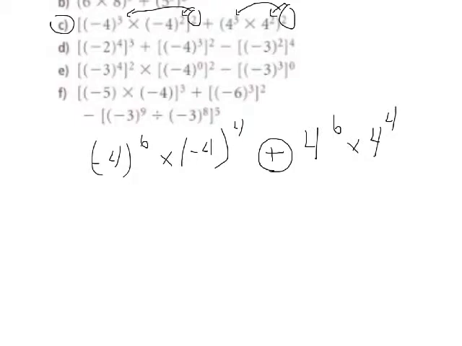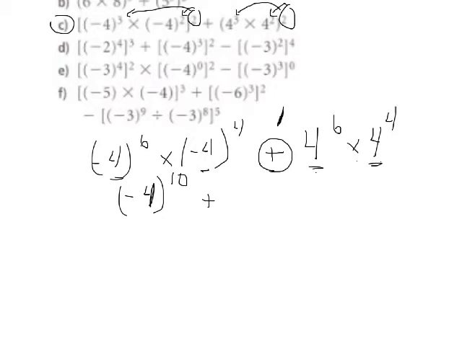Now, again, adding. We have 4s all the way across the board. However, first of all, the bases are different. We have 4s here and negative 4s here. Different bases, no rules apply. And secondly, we have an addition question. So we're going to do the left side of the addition, then the right side of the addition, and then add them together. So negative 4, the bases are the same. I'm going to put them in brackets, and I'm going to add those together to get 10. I'm going to add, again, positive 4 to the power of 6 times 4 to the power of 4.